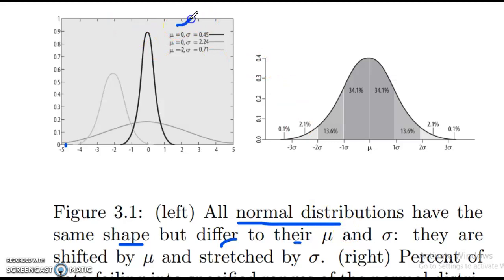When mu equals 0, sigma is 0.45. On the x-axis we take minus 5 to plus 5.